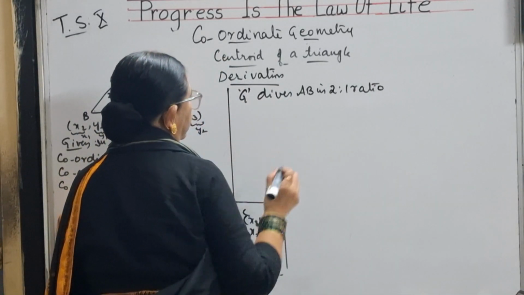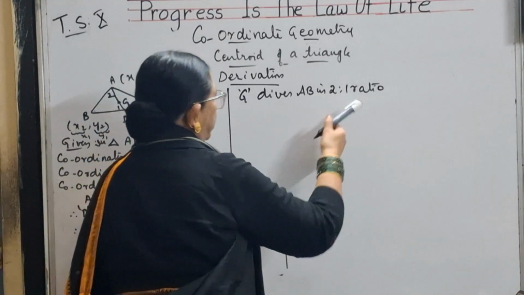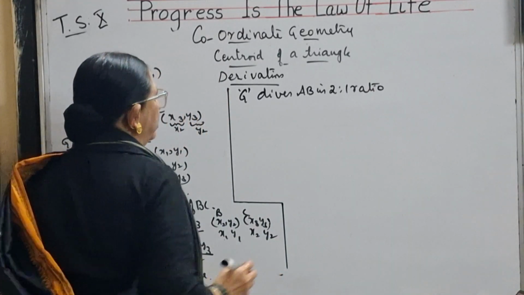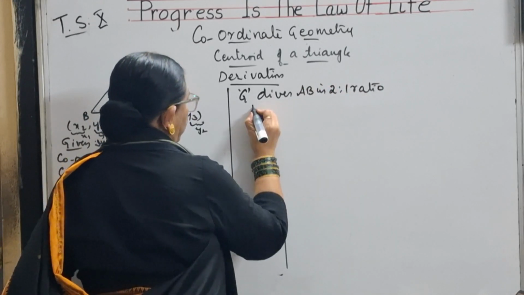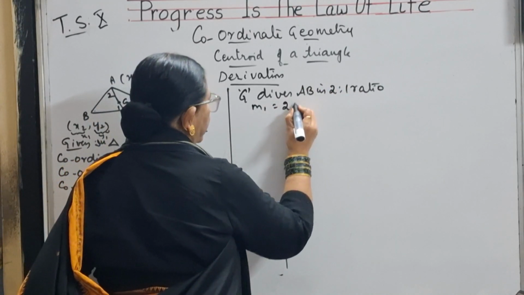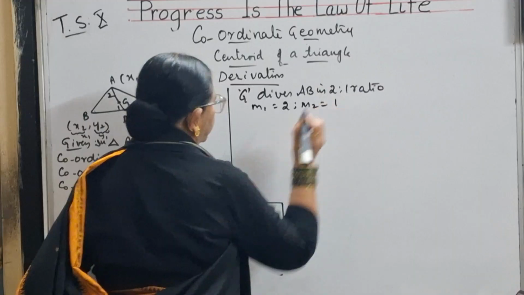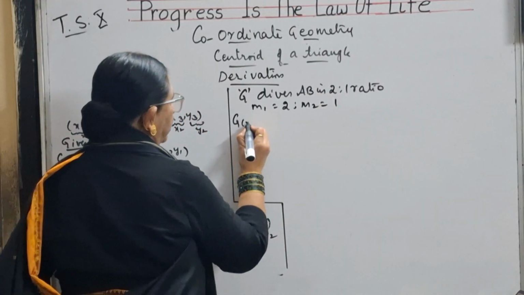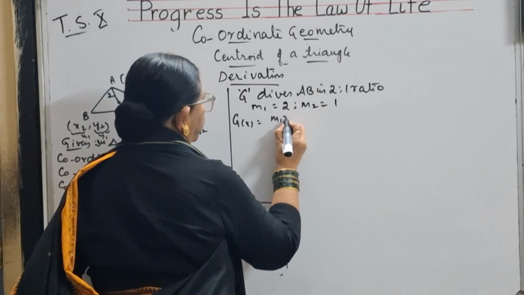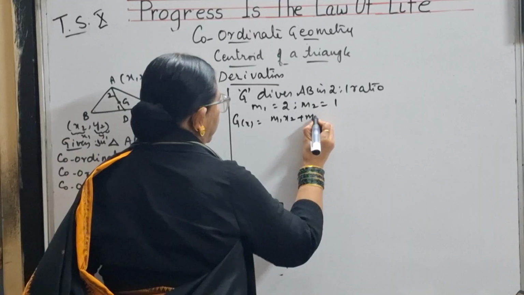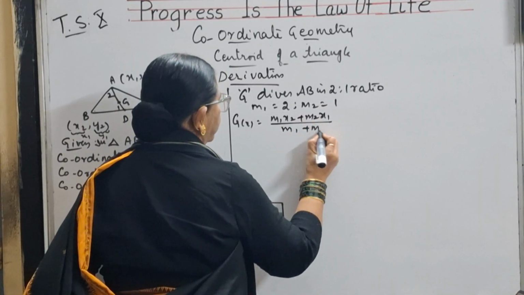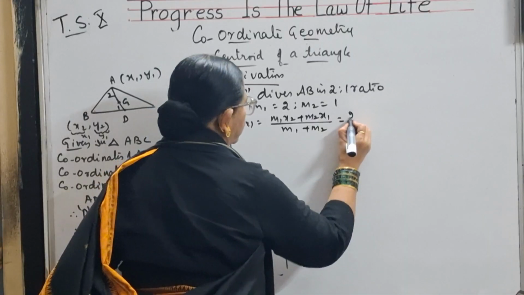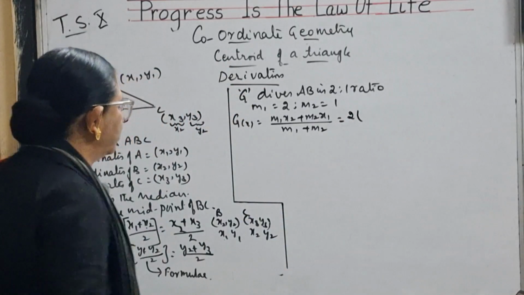So here G is dividing AD in 2:1 ratio, which means a trisection formula, children. M1 becomes 2 and M2 becomes 1. So what is G of x? M1 x2 plus M2 x1 by M1 plus M2. That is, M1 is 2 into x2.